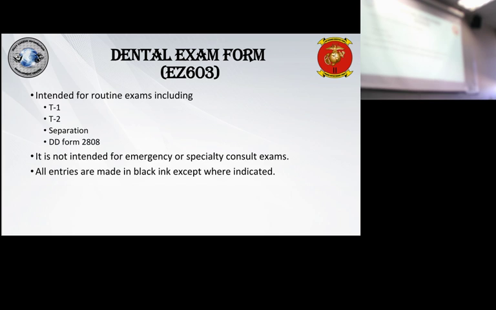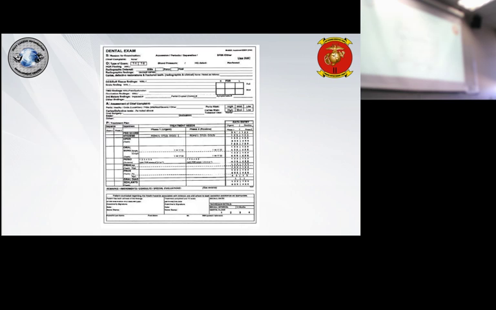All right, now we're talking about that dental exam, right? EZ 603. We're doing it for T1, T2, okay, separations, and then our 2808. 2808, we're looking to go overseas, right? Or PCS, or get out.